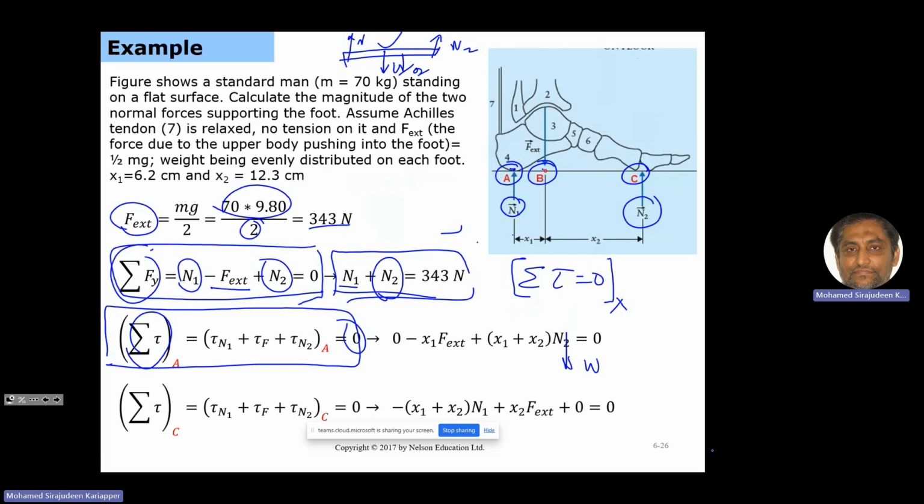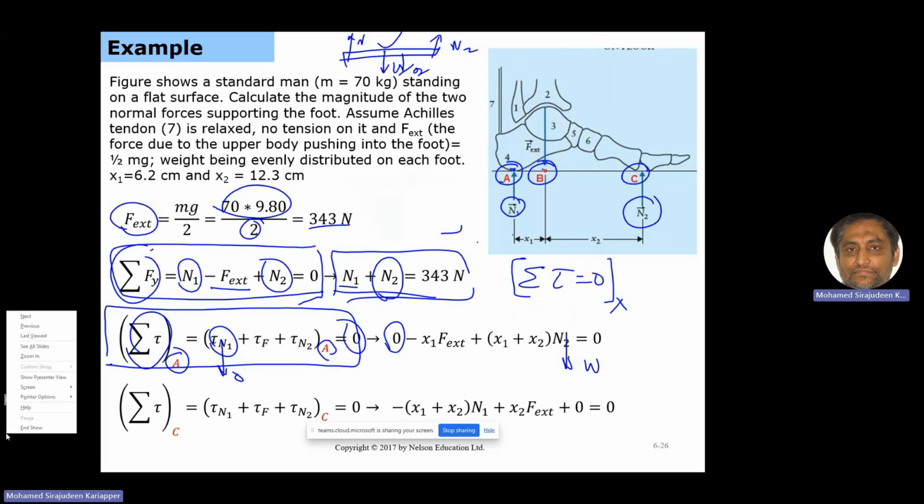I can find N1, then go back to that equation and find N2. Anyway, let's follow what he is doing. He is choosing A and see what is happening. If you choose A, the torque from N1 will be 0.